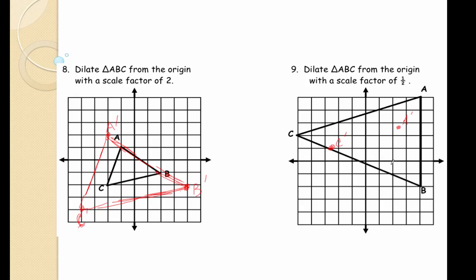And B is 4, -2, so 2, -1. So again, all we're doing is taking C for example, was -5, 2, and we go to C prime, which is then a half times -5, 1/2 times 2, so C prime is -5/2, 1, and that's where I plotted that there.